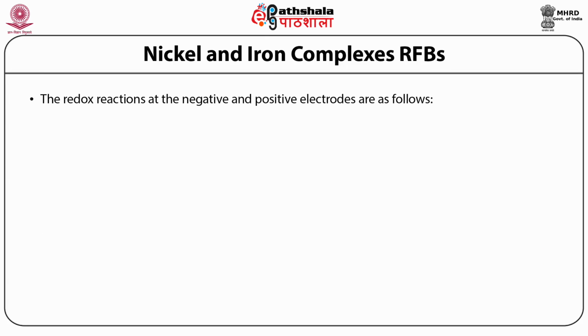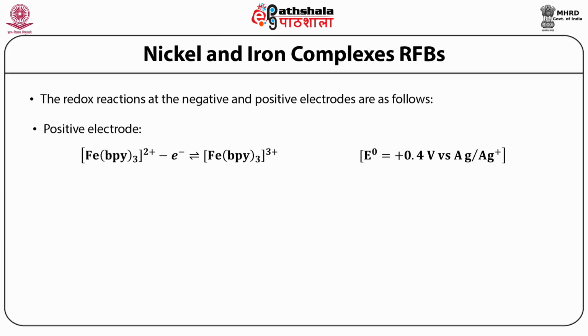The redox reactions at the negative and the positive electrodes are as follows. At positive electrode, Fe(bpy)3 2+ minus an electron gives Fe(bpy)3 3+ with E naught equal to 0.4 volts versus Ag/Ag+.